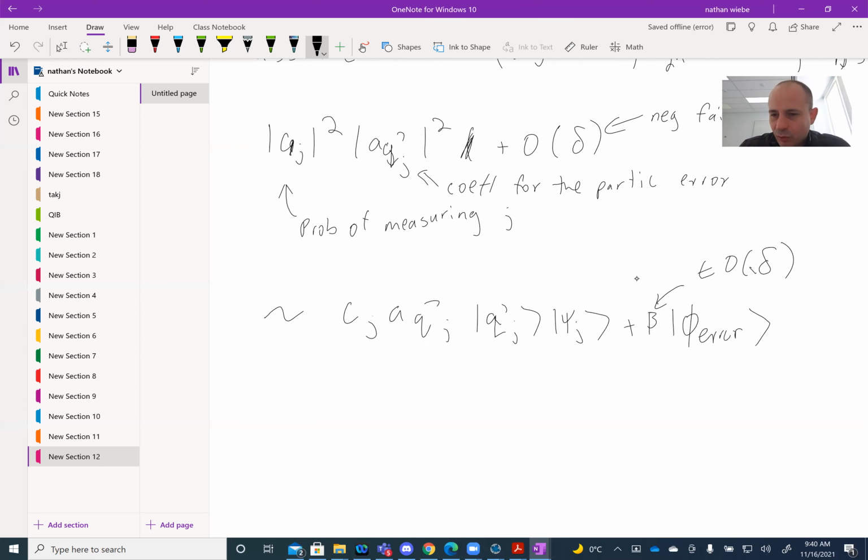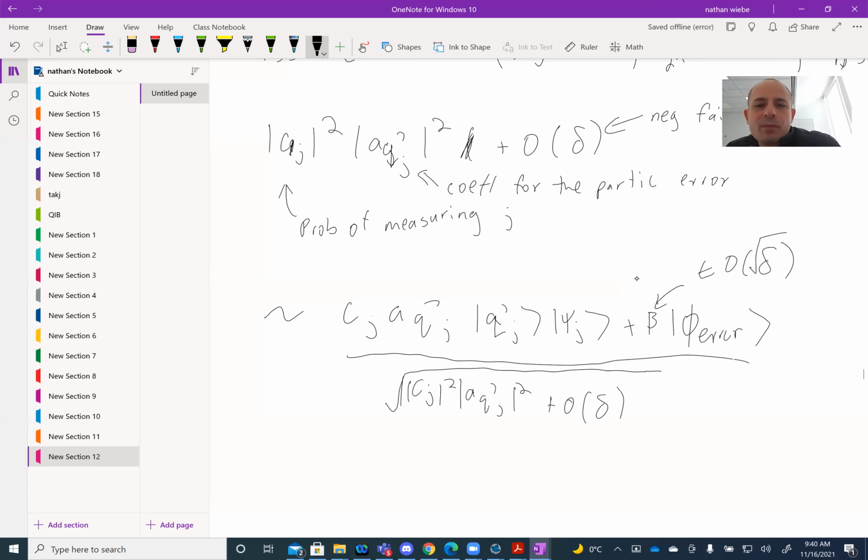Actually, technically, I guess root delta. So this is going to be divided by, I guess, some normalization constant, which would be c sub j, absolute value squared, a q prime j, absolute value squared, plus order delta.